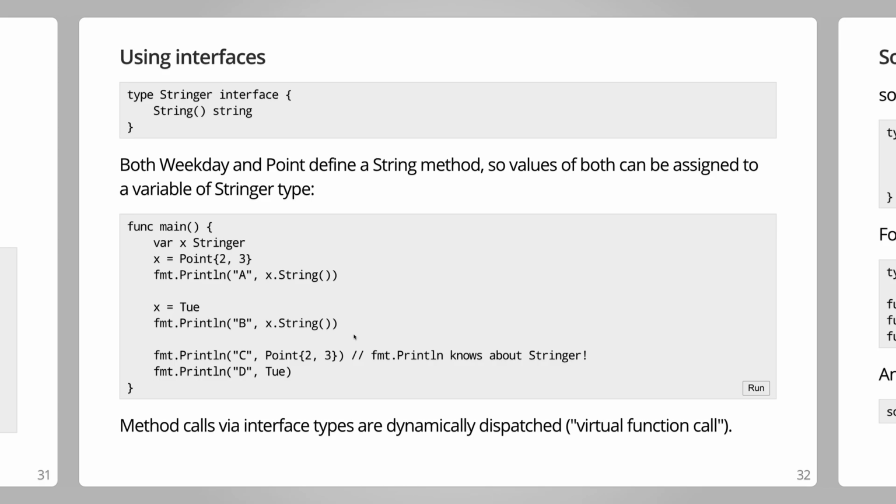What's interesting is that the fmt Println function knows about the Stringer interface. So if you pass into the Println function any object that implements the Stringer interface, like Point and the Weekday type, then Println will know what to do. Basically, these would be equivalent to calling the String method on the type here.